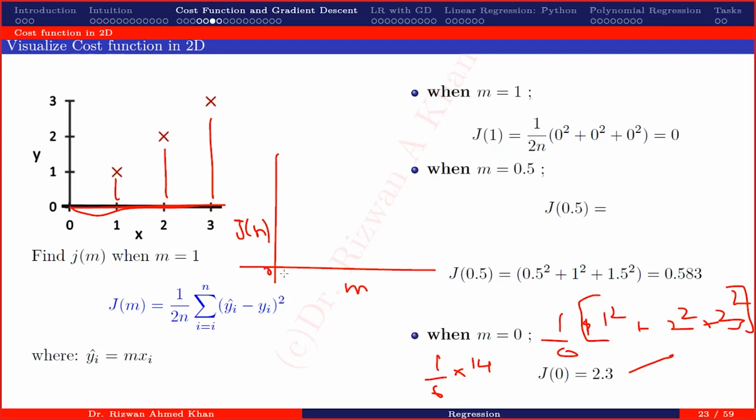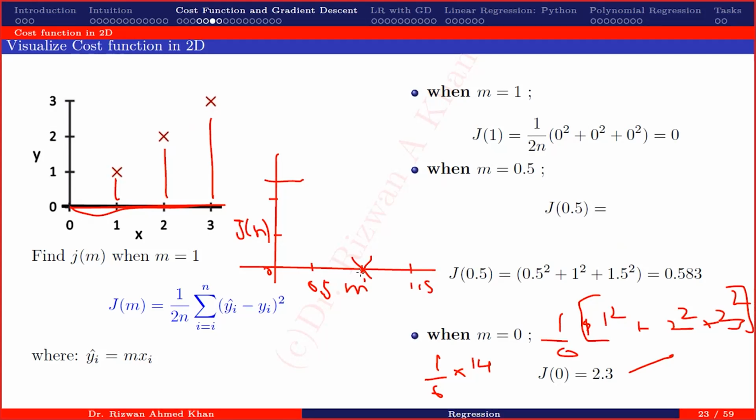This is 0. This is 0.5, let's say 1, 1.5, and same over here. So when m is 1, cost is 0.